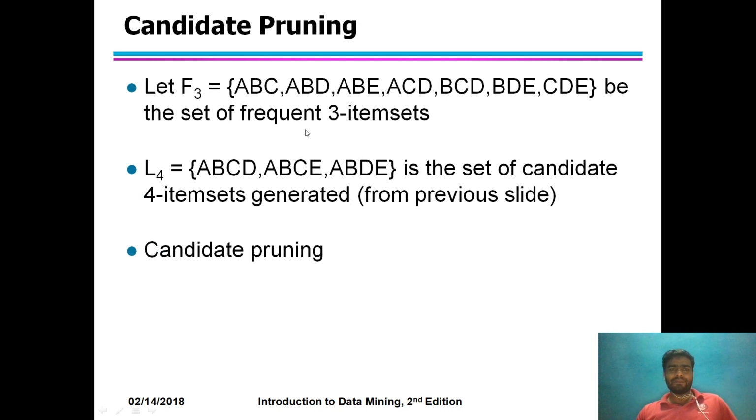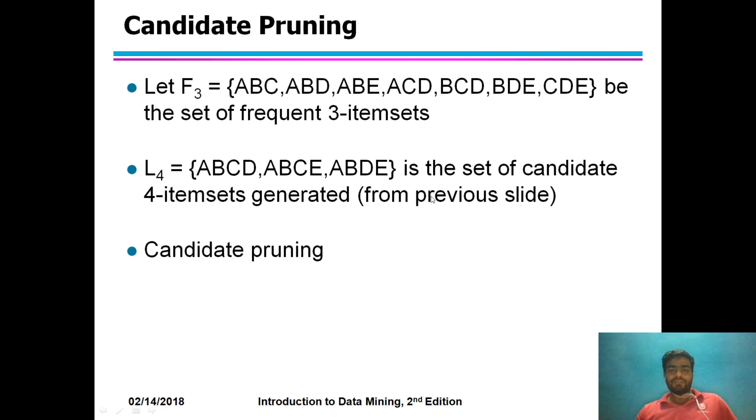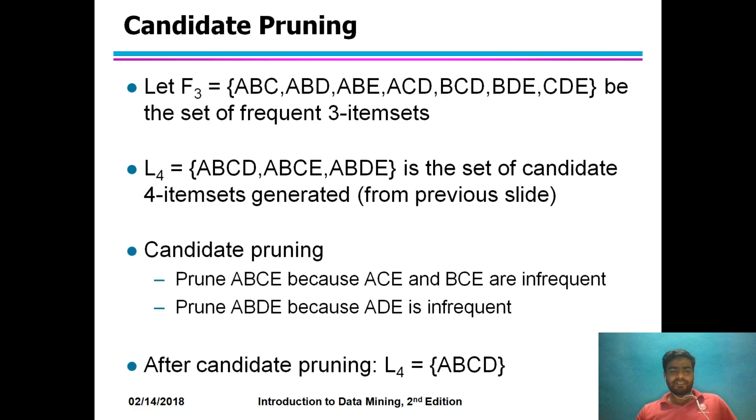In the previous example, with the set of 3 frequent item sets, L4 of length 4 gave ABCD, ABCE, and ABDE. This is the set of candidate 4 item sets generated from the previous slides. After applying candidate pruning, what are we getting? We prune ABCD because AC and BC are infrequent.